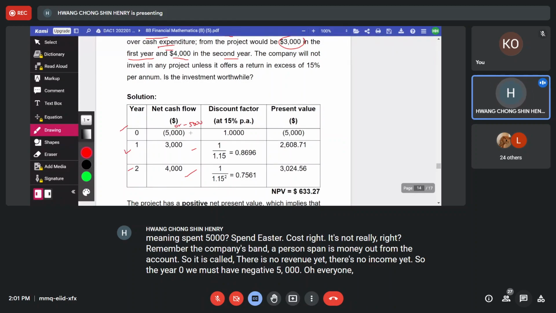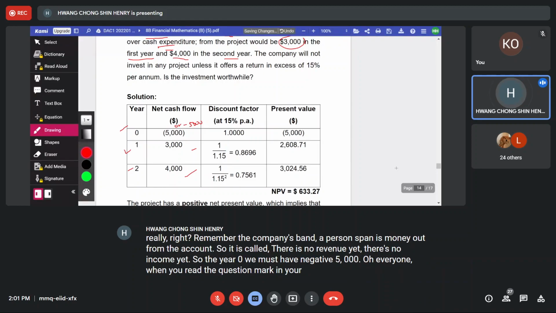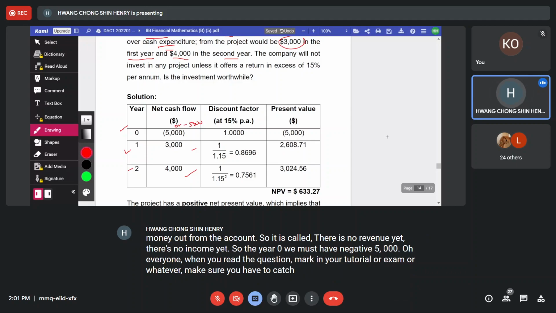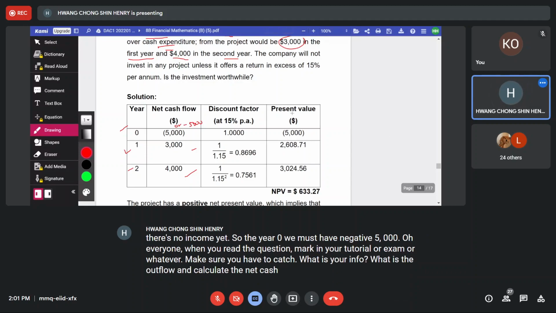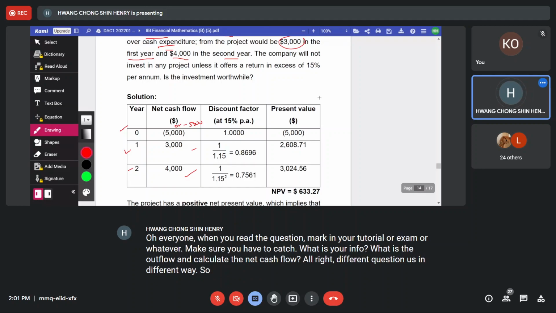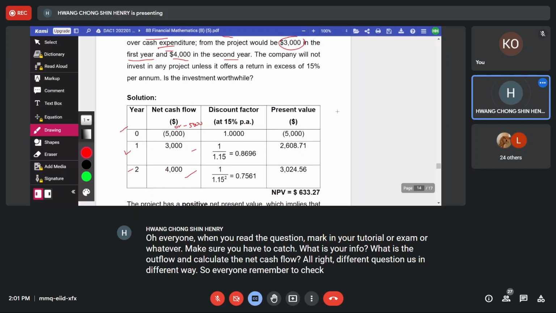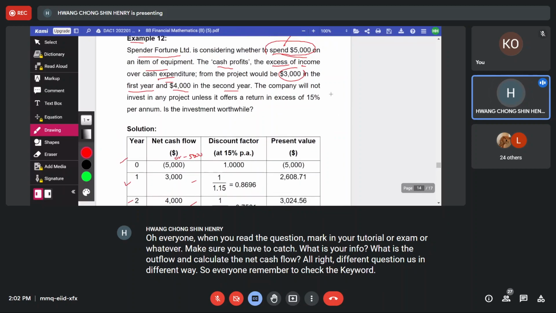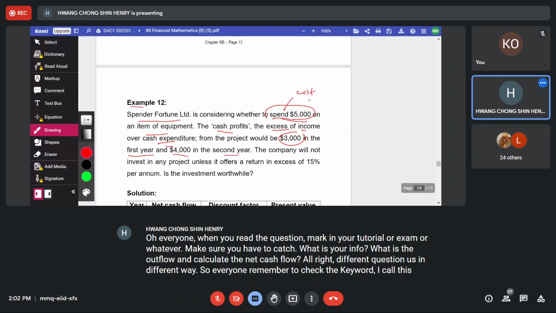Everyone, when you read the question in your tutorial or exam or whatever, make sure you catch what is your inflow, what is your outflow, and calculate the net cash flow. All right, different questions are asked in different ways. So everyone, remember to check the keyword. I call this keyword.